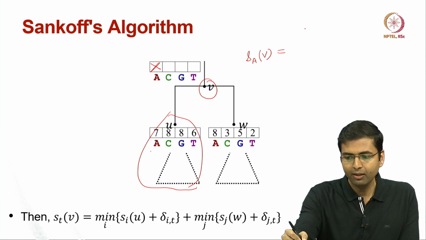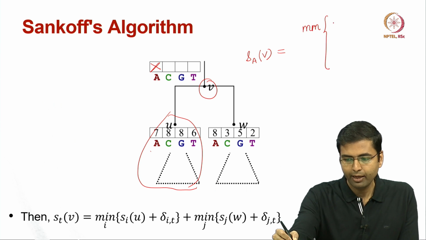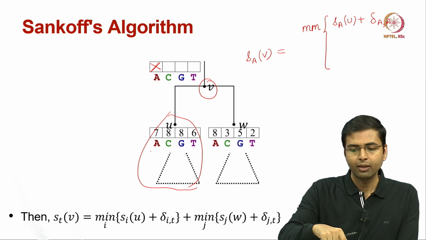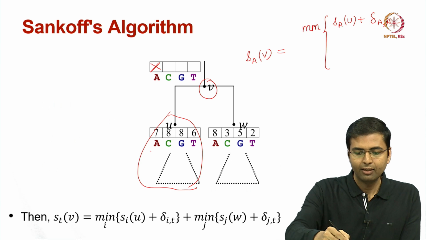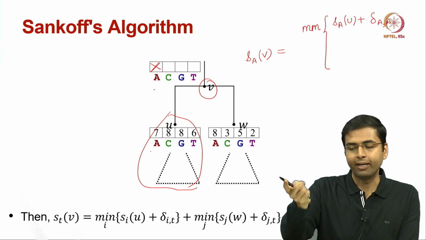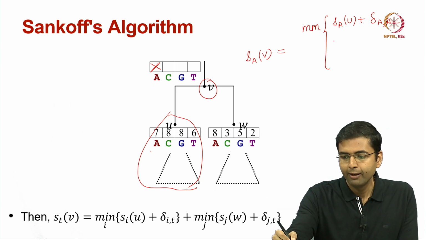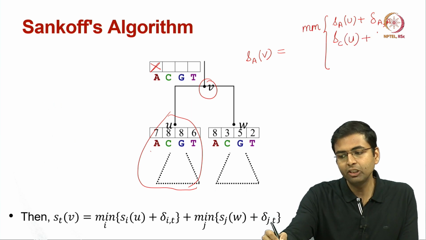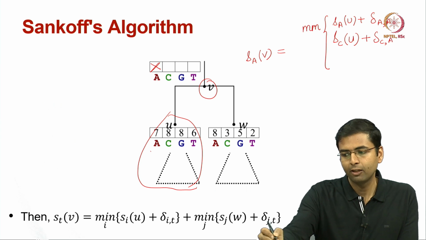So, that would be the minimum over S_A(u) plus delta AA, because if we assign A to u, then we have to consider state change from A to A, which is 0. Similarly, we have to consider the possibility of state C at u, then there would be a change of C to A.